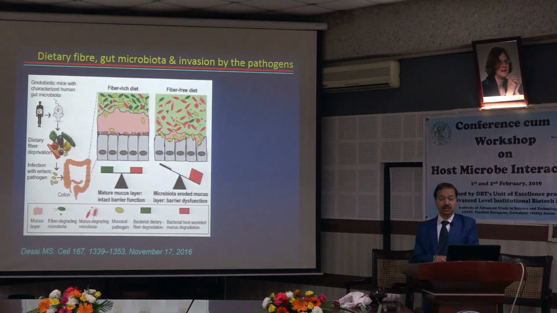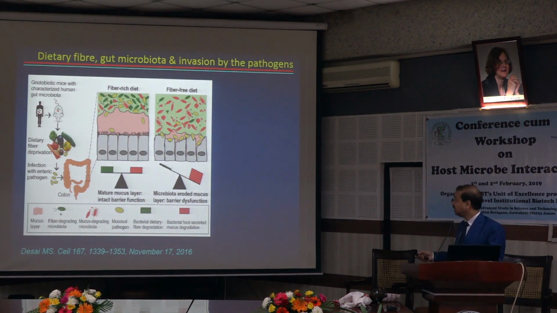Look at further. This is a very interesting study. What they did is they took mice, obviously this is a germ-free mice, I think, gnotobiotic mice. Now what they did is, these mice, they fed high carbohydrate diet and high protein diet.